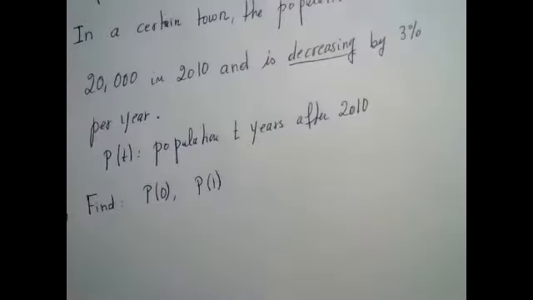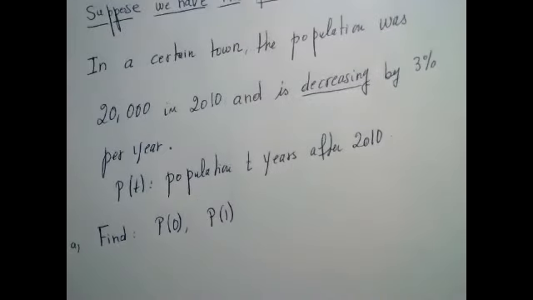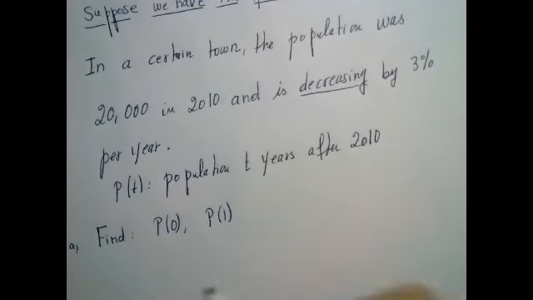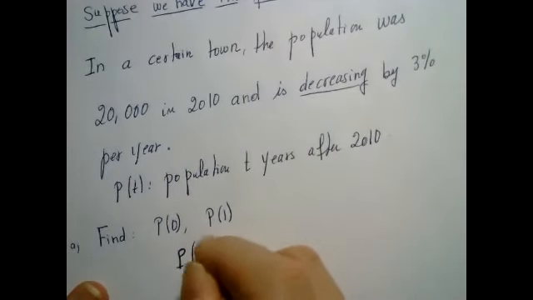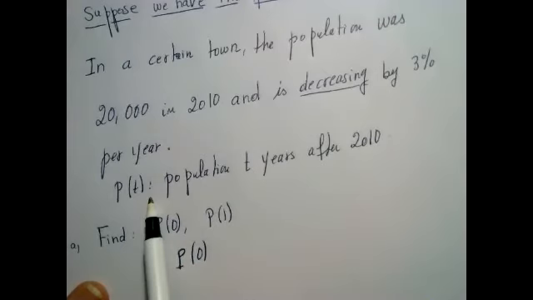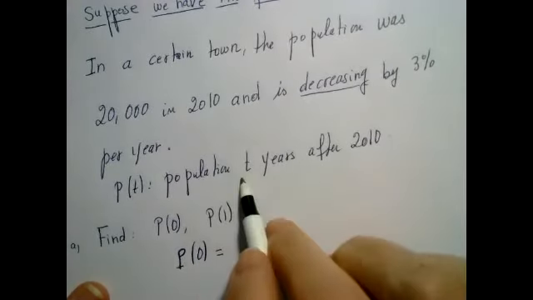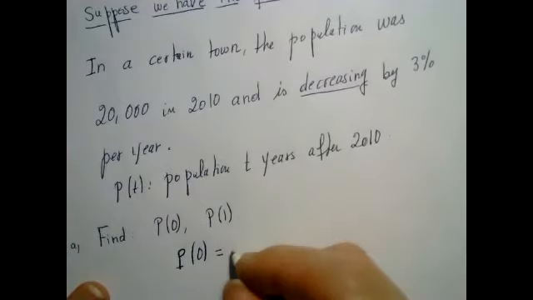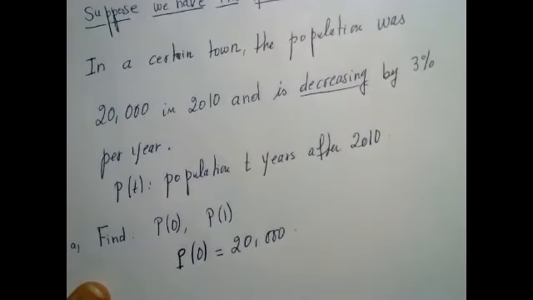Question is, find P of 0 and P of 1. So what's P of 0? P of t is the population t years after 2010, so P of 0 is the initial value, 20,000.